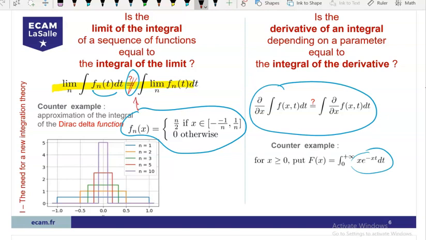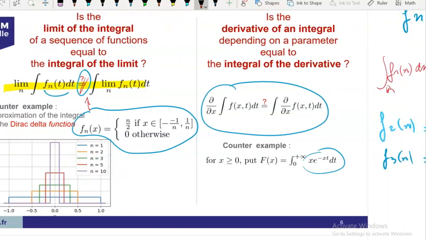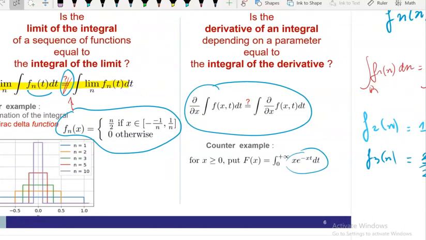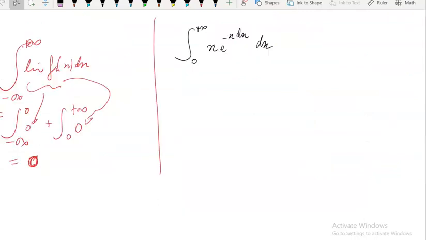This is the kind of case that couldn't be resolved using the Riemann integral. That's why we need a new theory of integration. And then what else do we have? Let's have a quick look at this other example. I want to integrate between 0 and plus infinity.